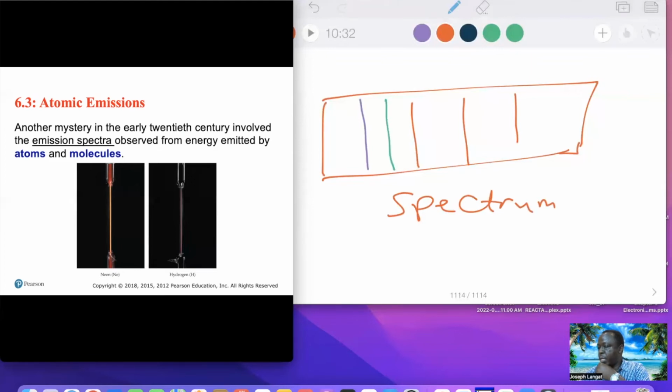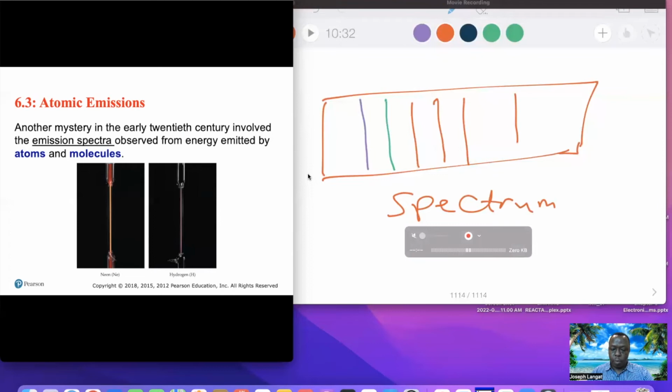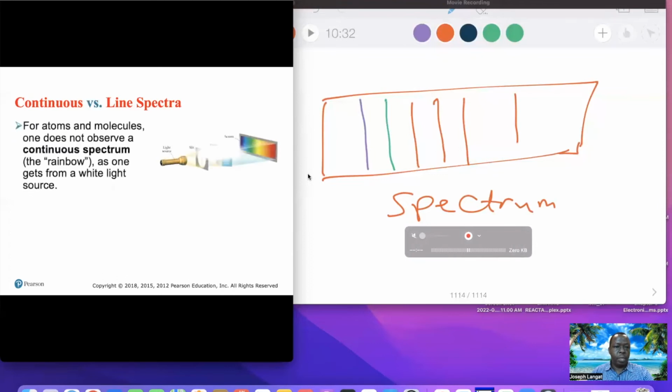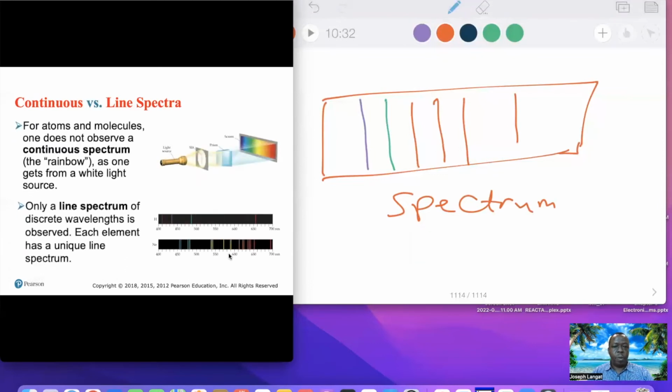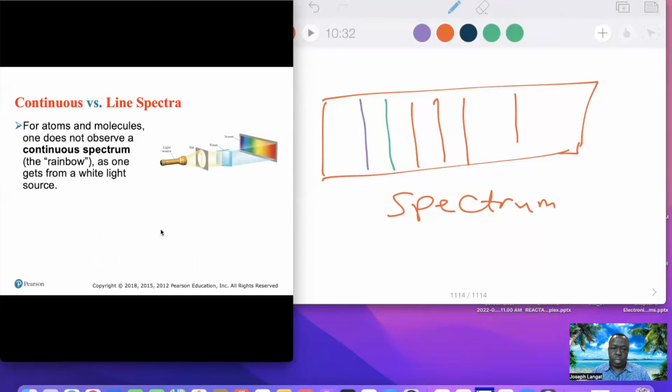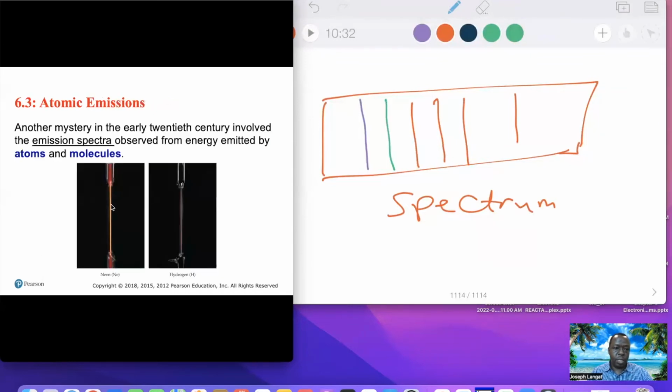You see different lines? In the 20th century, scientists could not explain why they could see different lines for different discharge tubes. Here is for neon, here is for what? For hydrogen. It's the same one we have here. This is the discharge tube using spectroscopy.